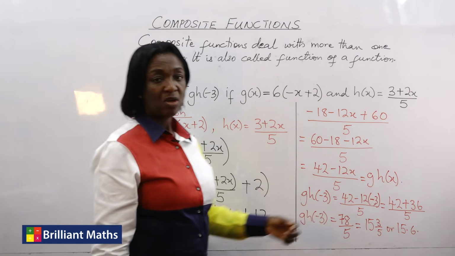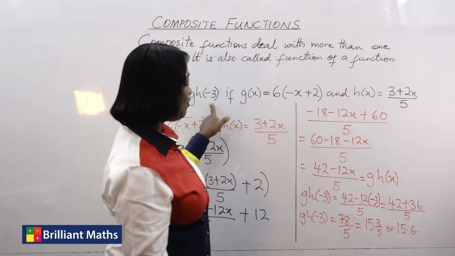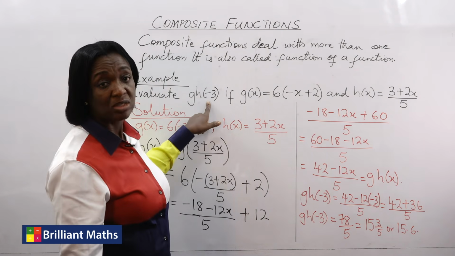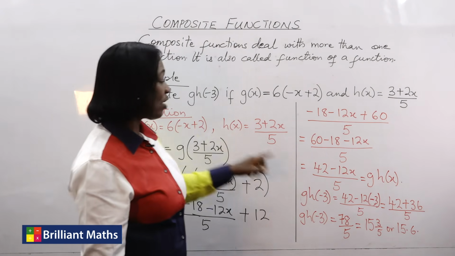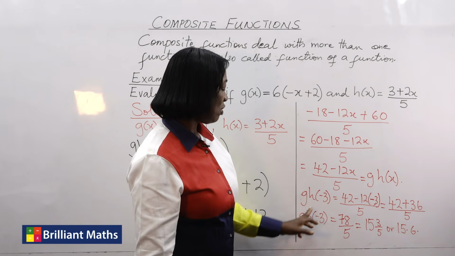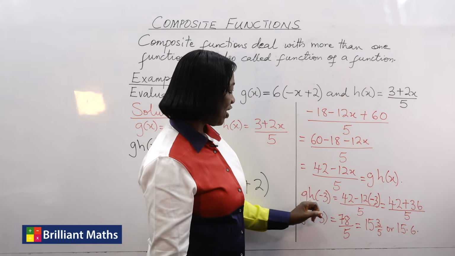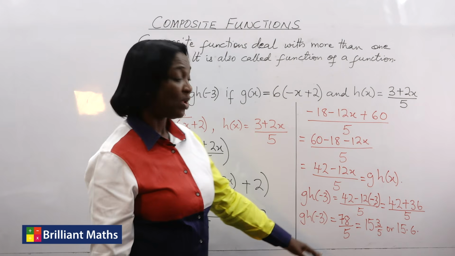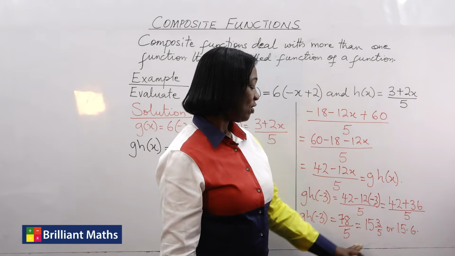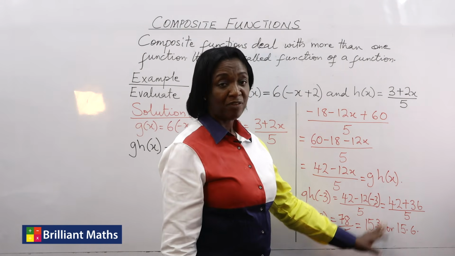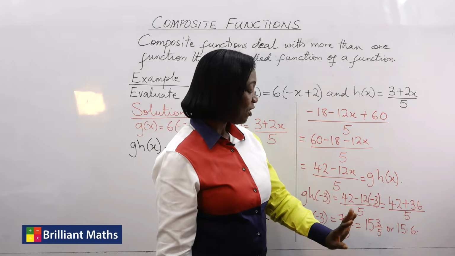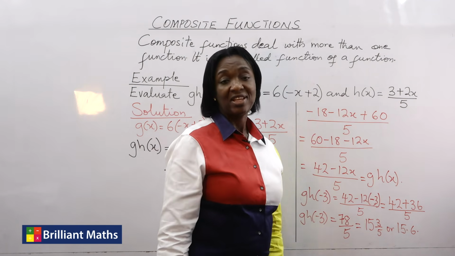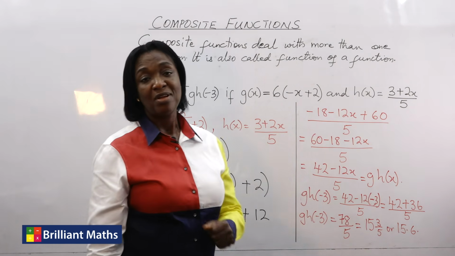Having found that, we then input the value of x, which is minus 3, into our composite function. So when we put that value, we get gh of minus 3 to be equal to 78 over 5, or 15 3/5 as a mixed fraction, or 15.6 as a decimal number.